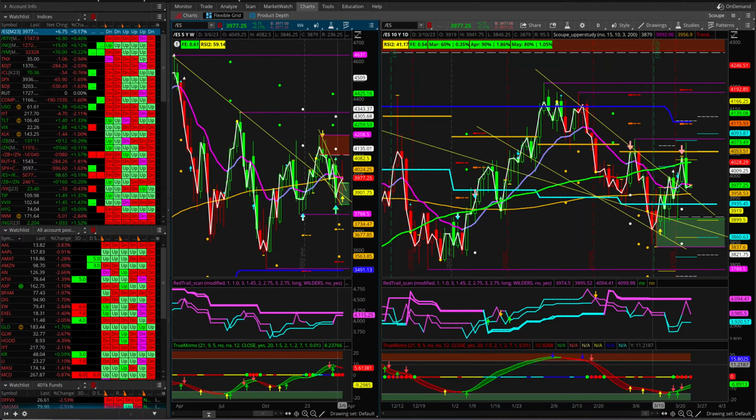And so really, I don't want to make it too much, but they generally will follow and lead each other. So like in this case over on the left hand side with the weekly, the last indication of bullish momentum is the buy arrow, but we also have red on the True Momo itself.